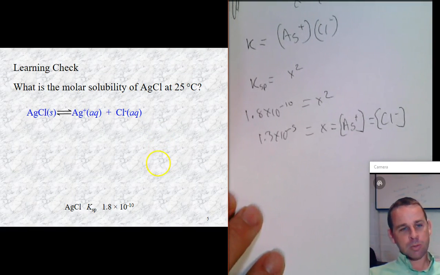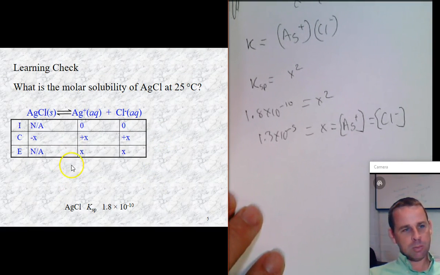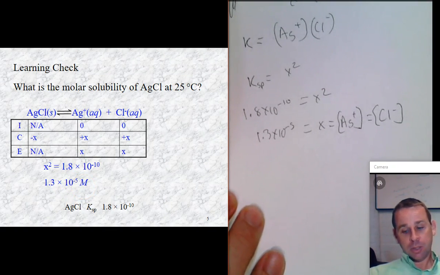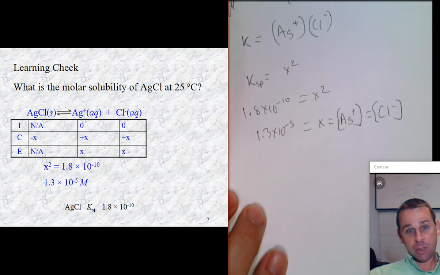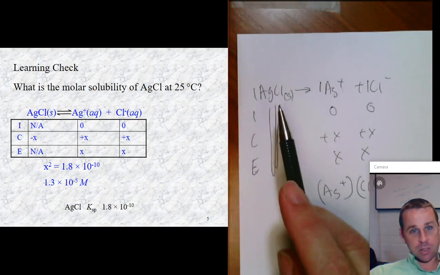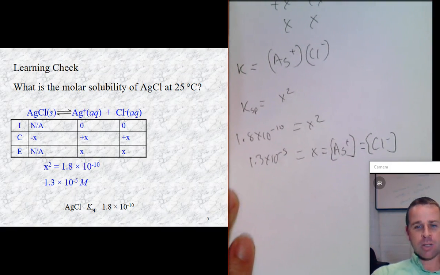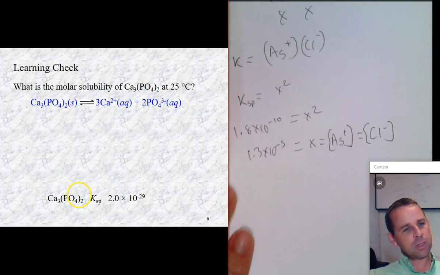So the answer is 1.3 times 10 to the minus 5 is the molar solubility. Okay? So, kind of easy compared to what we did before. There's no denominator generally because, again, we're dealing with something solid, and it's often just the x squared. Sometimes it's a little bit different because of coefficients, and those are some scenarios that we'll explore.